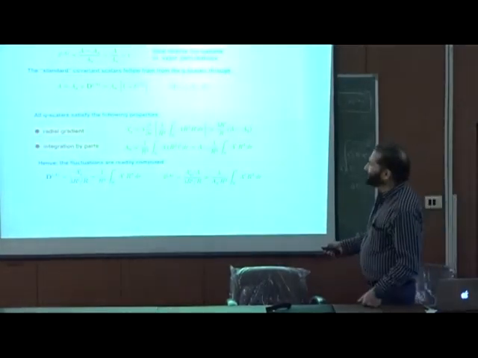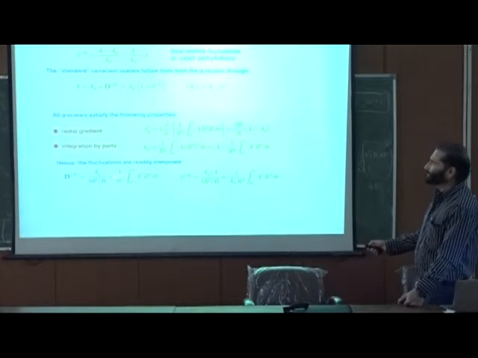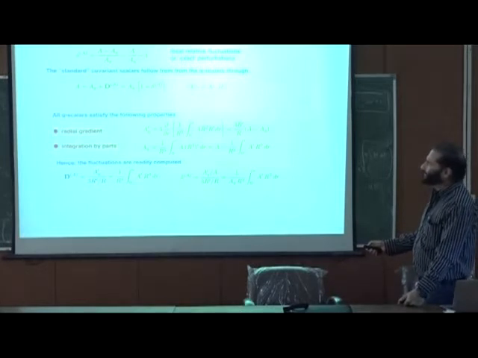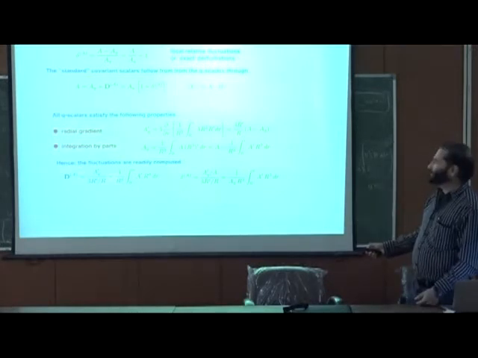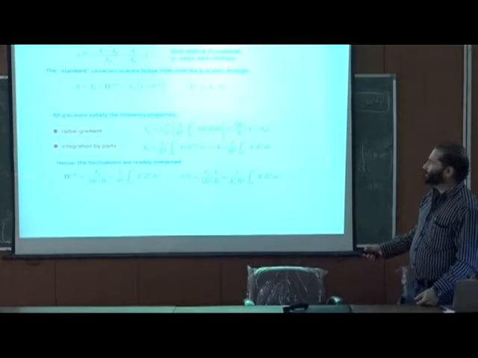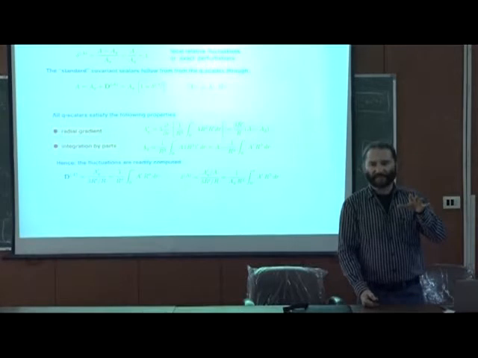Once we have the Q scalar, we do these things, or this thing, depending on what is available. Here you need the gradient of the Q scalar, and here you need the gradient of the scalar itself. So essentially, what all these things show is that the fluctuations are very dependent on the gradients of the scalars.